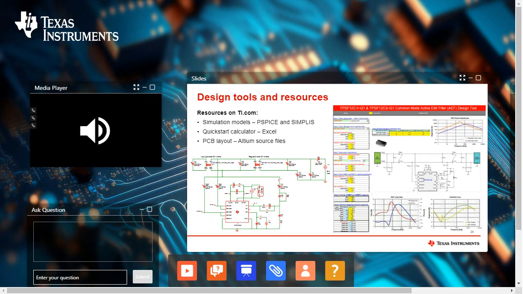We have several design tools and resources for the AEF IC, including PSpice and Simplis models, a quick start calculator. This calculator is very important to determine the right compensation components needed to stabilize the schematic using AEF IC. We also have Altium source files for the PCB layout.